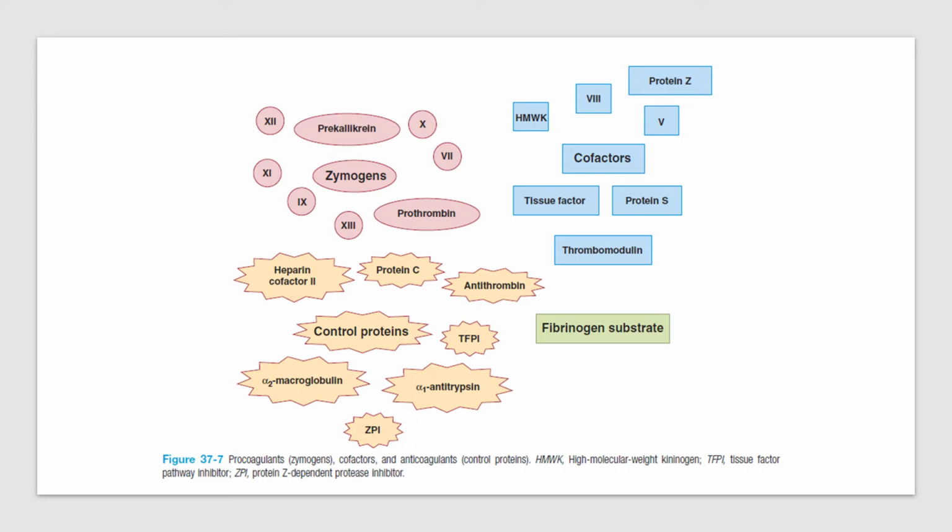Right, so we can see here a summary of the classification of the clotting factors. We have the zymogens, those on the upper left part of the slide. And then you have the coagulation factors, the cofactors, control proteins, and fibrinogen substrate.